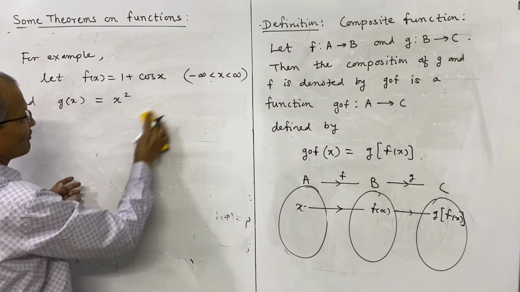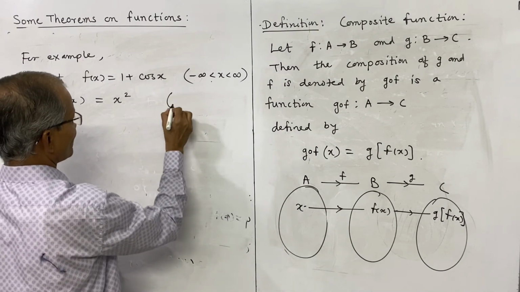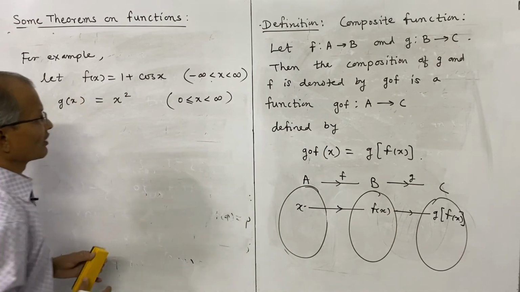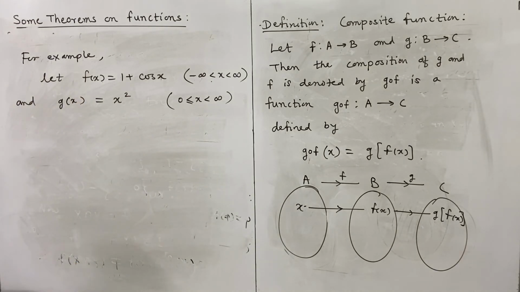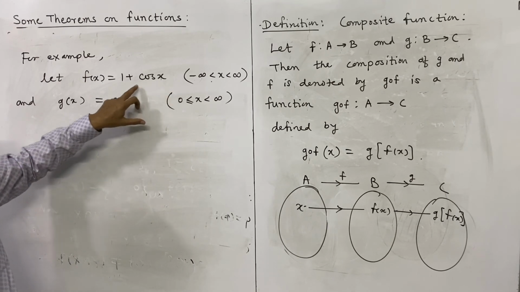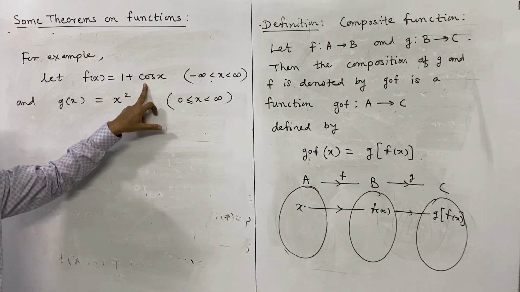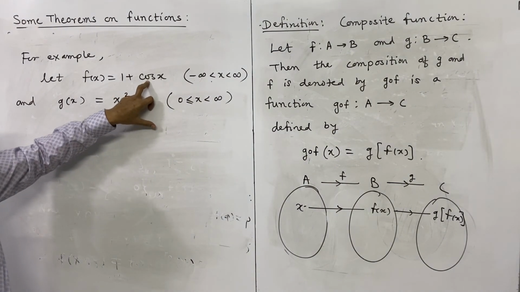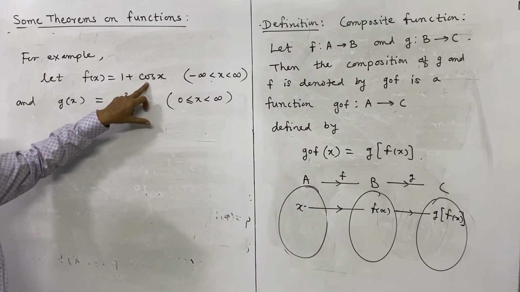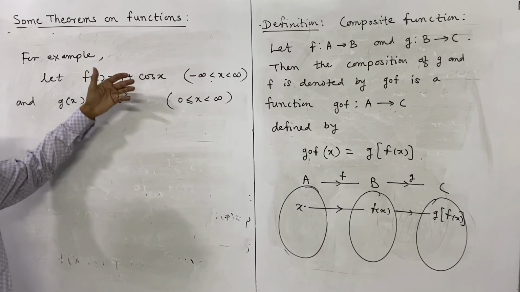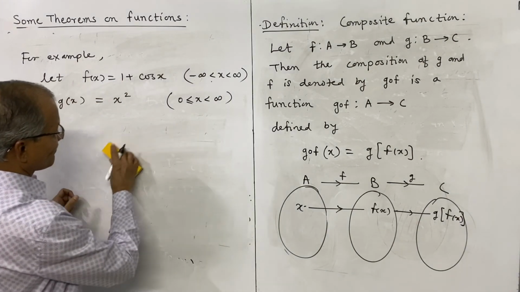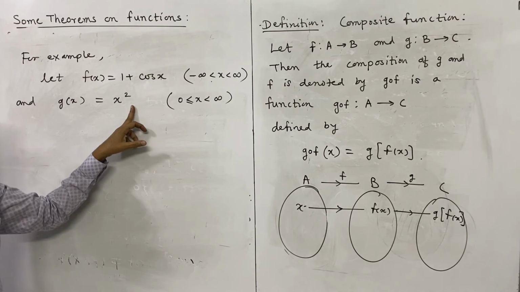Now this will be for positive numbers, 0 less than or equal to x less than infinity. Now the codomain is non-negative real numbers, and the range here will also be non-negative, because the range of cos x is -1 to +1. If it is -1, then this will be 0, and if it is +1, then it is positive. So therefore this set B is common. The codomain of this will be the domain of this.